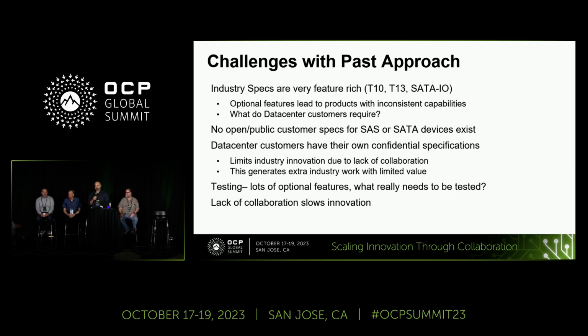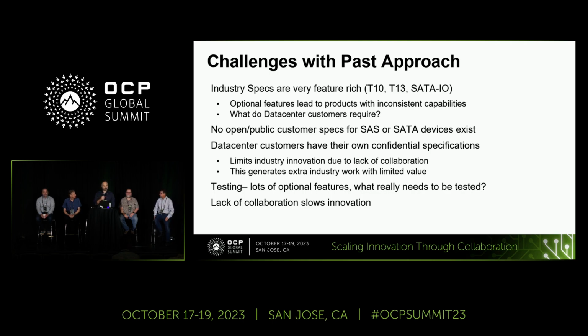So they kind of have to guess or talk to us specifically, because we all had our own individual confidential specifications. Suppliers would come and talk to us and figure out what each one of us would need, hyperscalers, OEMs. That, of course, results in a lot of problems.